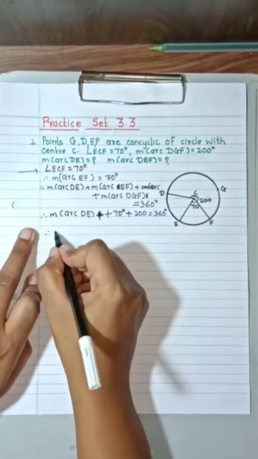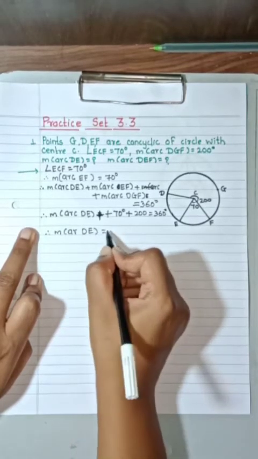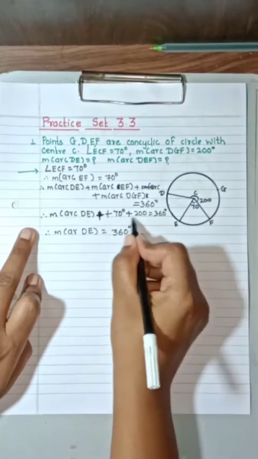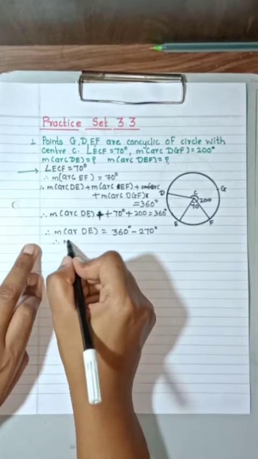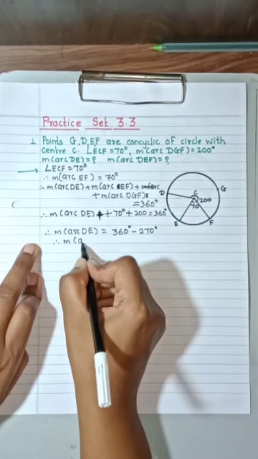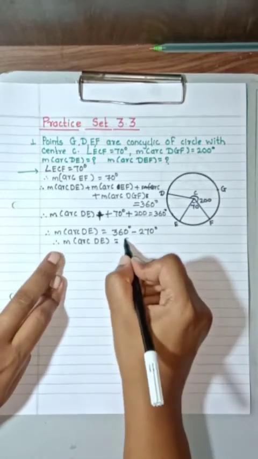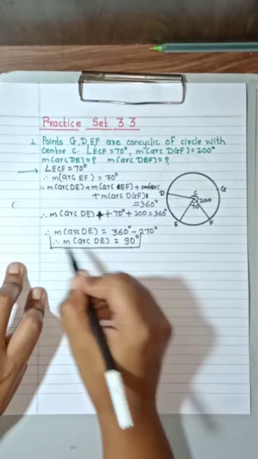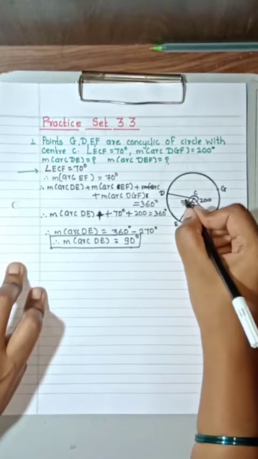Therefore measurement of arc DE is equal to 360 minus 270 degrees. Therefore measurement of arc DE is equal to 90 degrees. So first one you got, that is DE. Arc DE is 90 degrees.